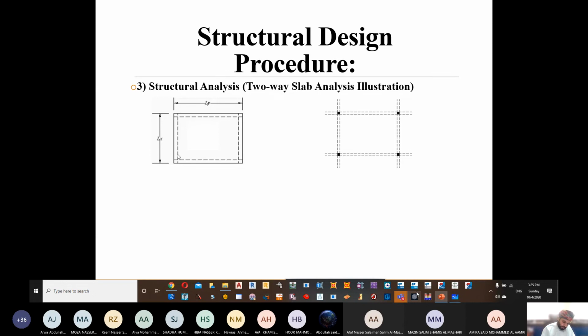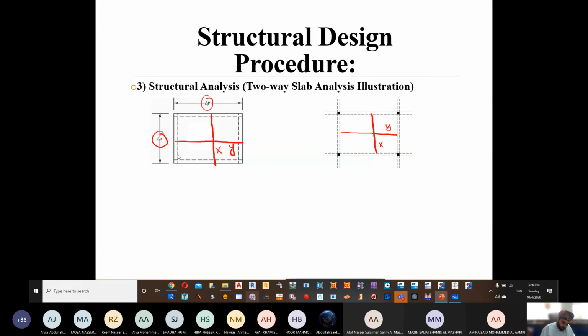So what I need to do, I'll just first take one line here. So this is going to be parallel to X. I'll just call it X. And then there is another one which is here, parallel to Y. So I'll just call it Y. The same thing that I'm going to do here. One line is parallel to X. Another line is parallel to Y. Okay.